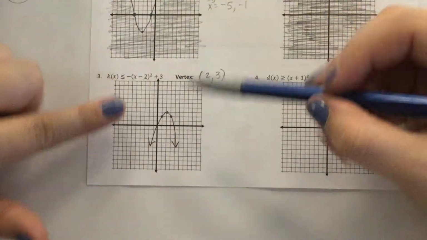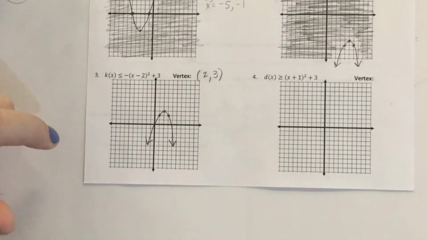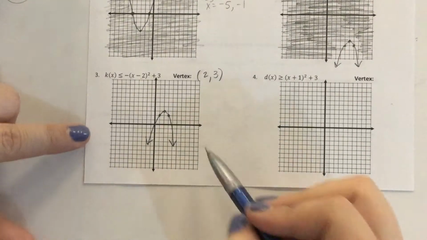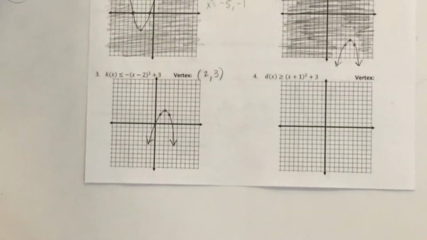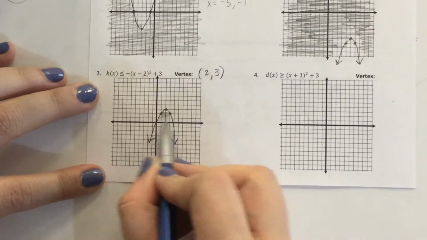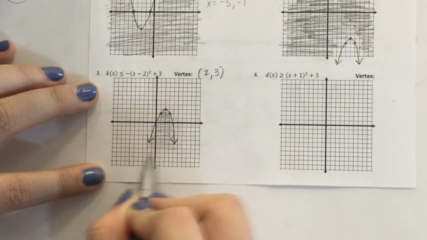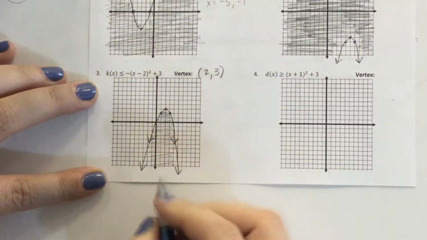It's up to you. But I know that it's symmetric, so I can just pick one point and then plot it on the other side. Shade the bottom of it? Yep. And this goes on forever, right? Just like this.